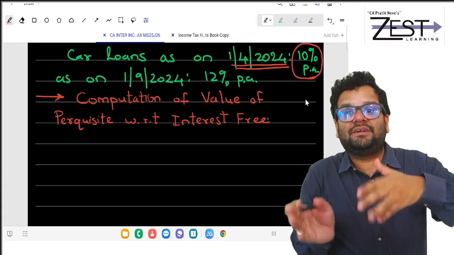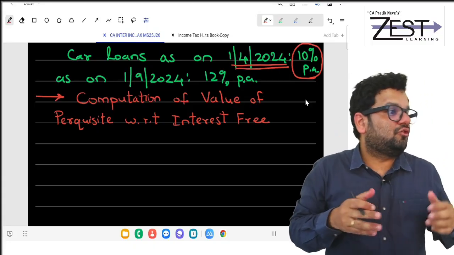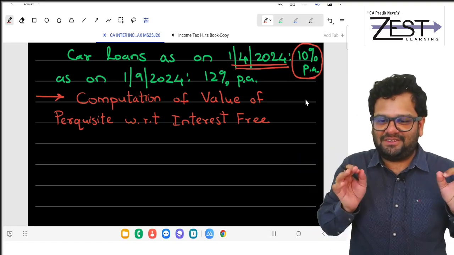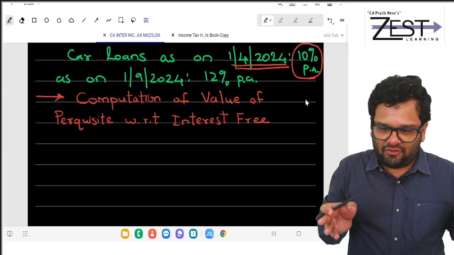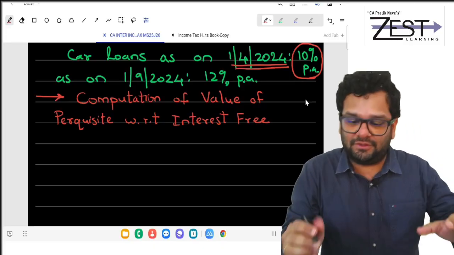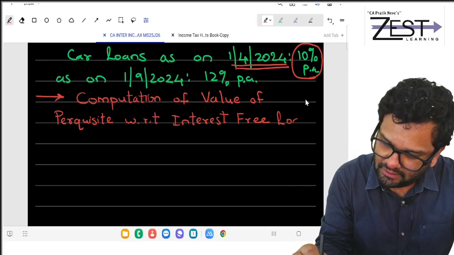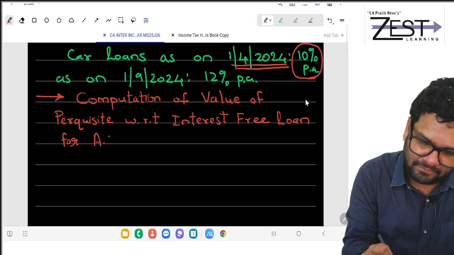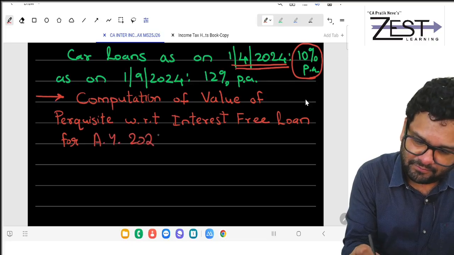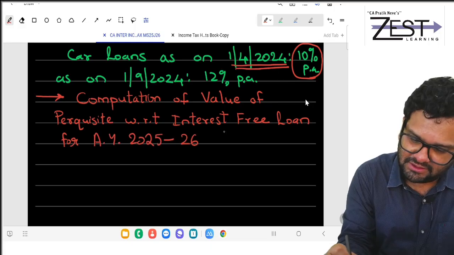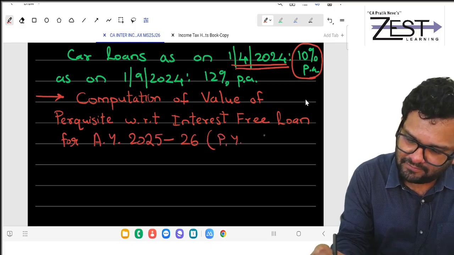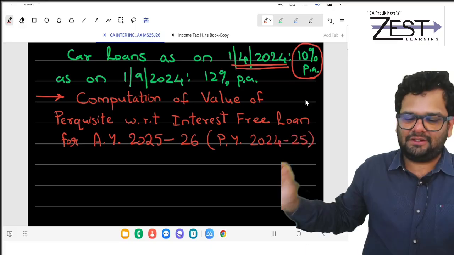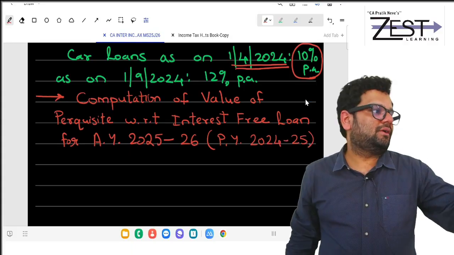Your company did not charge you anything, so for you as an employee, it is interest free. So it is computation of value of perquisite with respect to interest free loan for AY 2025-26, relevant to PY 2024-25. Is the heading clear? You should know now what you are doing.